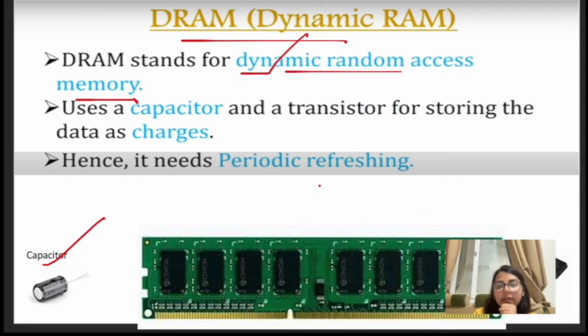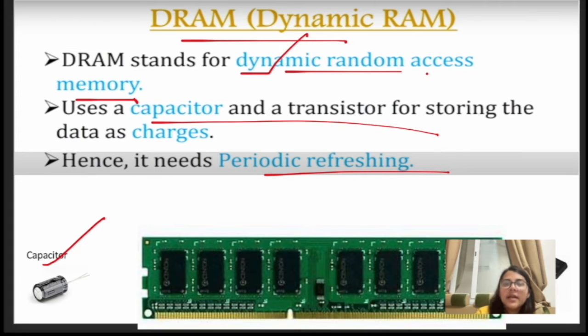And you can see that for storing the data also they are using this particular device, that is capacitor and transistor, and it needs periodical refreshing. That's why it is called dynamic random access memory. So this particular memory needs a periodical refreshing, then only it can store the data properly, students.